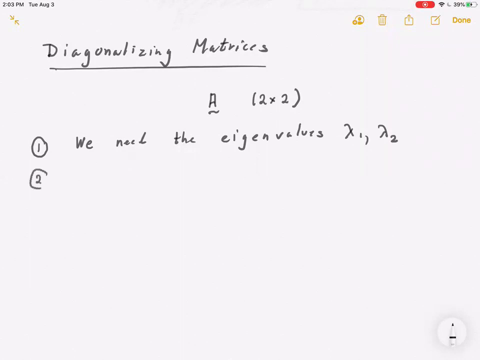Once we have the eigenvalues for our matrix A, we need to find the eigenvectors. In this case, V sub 1 and V sub 2. And as I've said before, and as you've seen on the problem set, it's always easier to find the eigenvalues first in a problem, and then, given that, find the eigenvectors, which involves a little bit more work.